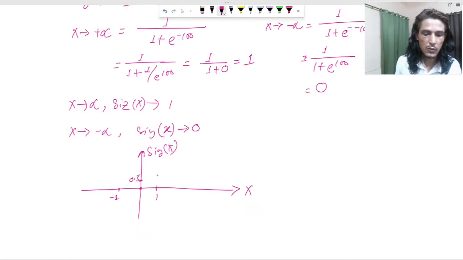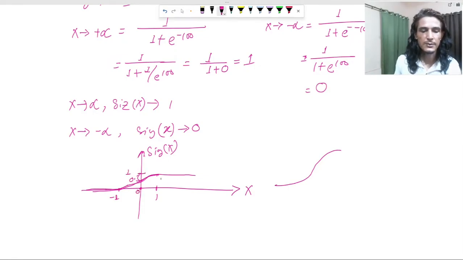When x is equal to 1, it reaches almost 1, so it will be like this. When it is minus 1, it reaches almost 0, so it will be like this. Although I'm not very good at drawing, you can see the function looks like this. In this direction it will remain at 1, and in this direction it is certainly 0.